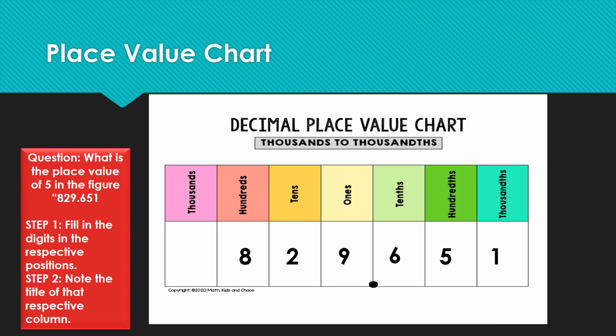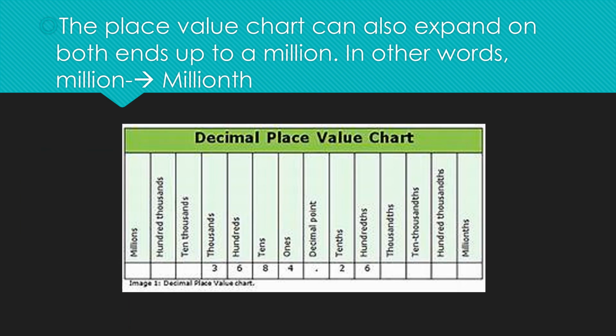Do bear in mind that this is not a whole number figure as the decimal point is involved, so it separates them, tells you exactly where everything falls. So just bear in mind when you are given a question, identify where the decimal point is also before you go ahead in filling in the respective values. So what if you were asked to determine the value of the 5? What would you say? Let me know in the comments below.